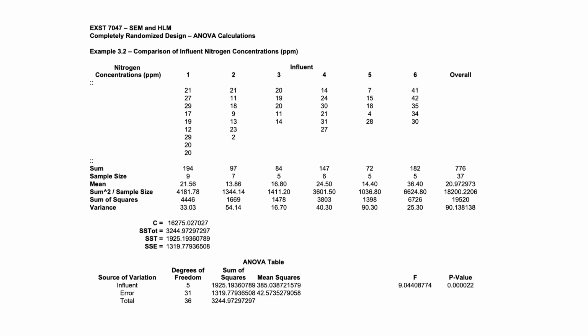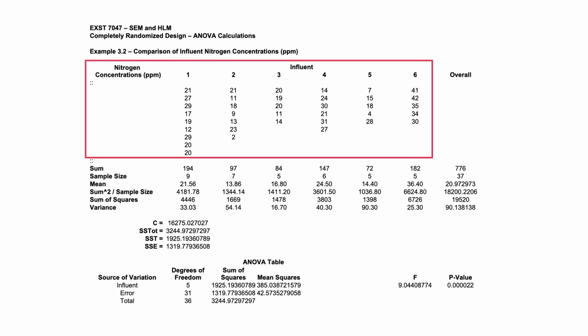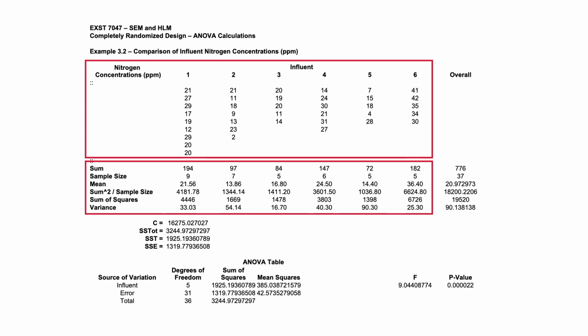Here we have the data set and the calculations for the ANOVA done in the context of a spreadsheet. At the top, we've got the data set, and right below that, we've got summary statistics for each of the samples in the data set. On the far right-hand side, we've got summary statistics for the overall or combined data set.